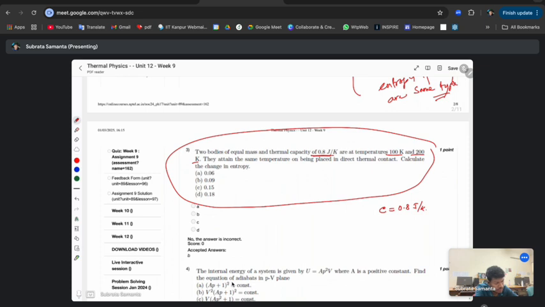Basically, T1 is 100 Kelvin and T2 is 200 Kelvin. They attain the same temperature on being placed in direct thermal contact. So when we put them into thermal contact, they attain a same final temperature, T F.